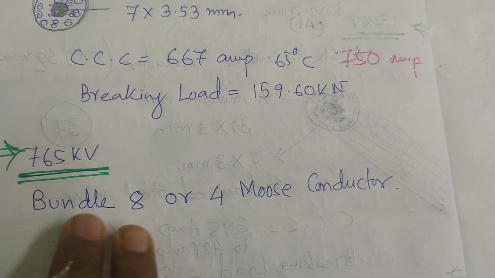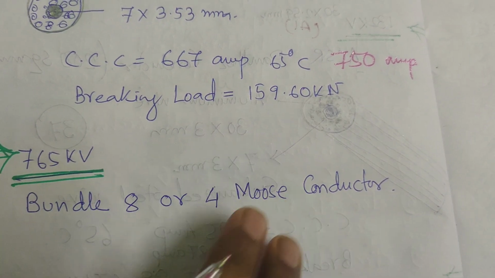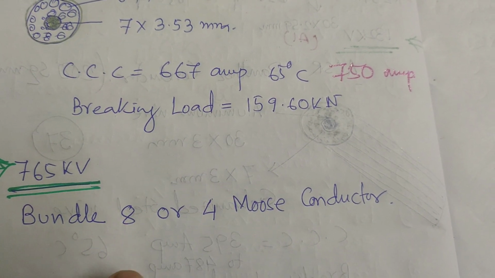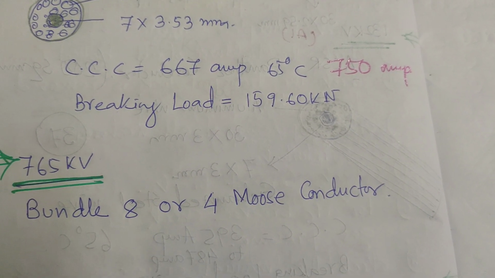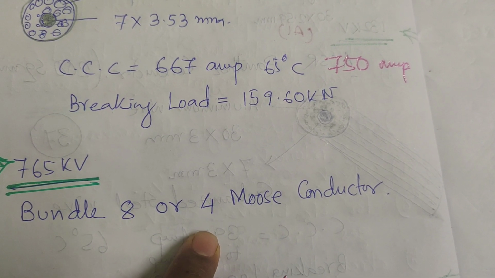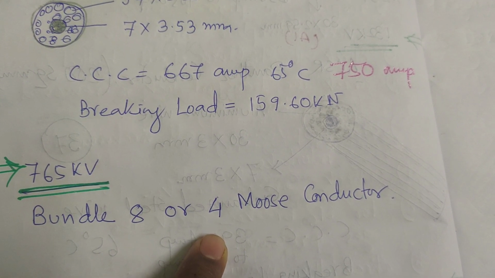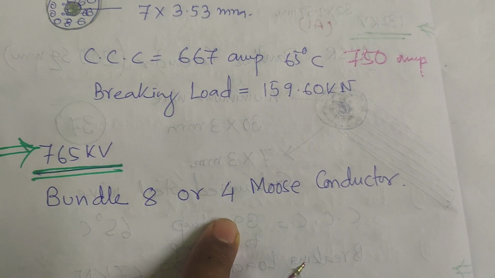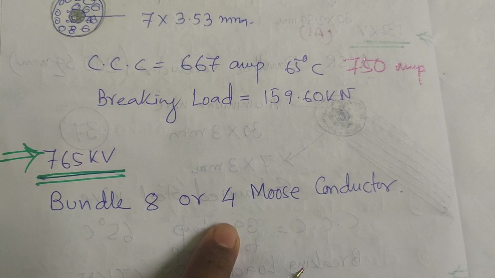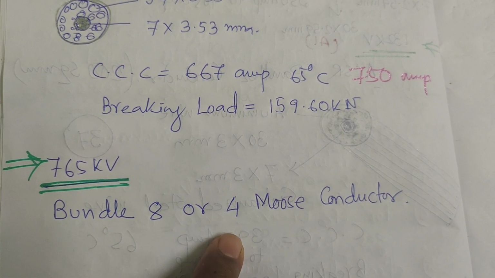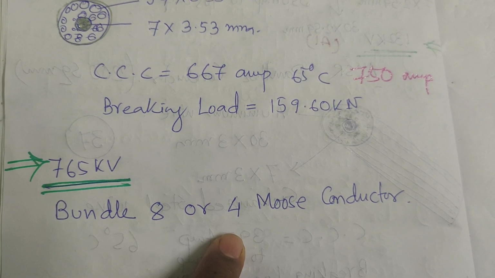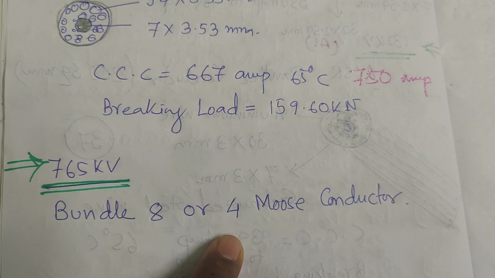So bundled conductors are used for transmitting a lot of megawatts in a single transmission line. We are using 8 or 4 bundle conductors for the 765 kV transmission line, because it is a long distance transmission line, and we are not getting electrical corridors, so single dedicated corridors are present.